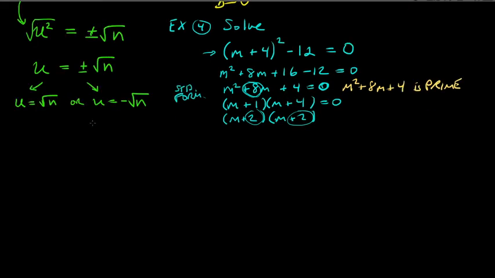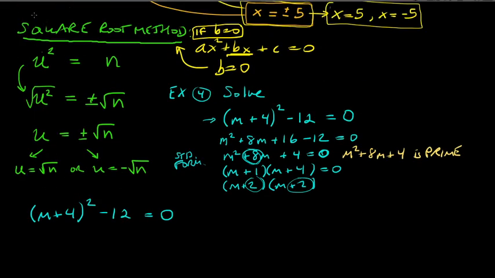Scroll down just a little bit, right? So what can we do then? So we have m plus 4, the whole thing squared, minus 12 equals 0. So we're still going to use the square root method. We're going to use this up here. And you can see what my u is here, right? My u is just what's in the parentheses. It's the m plus 4.